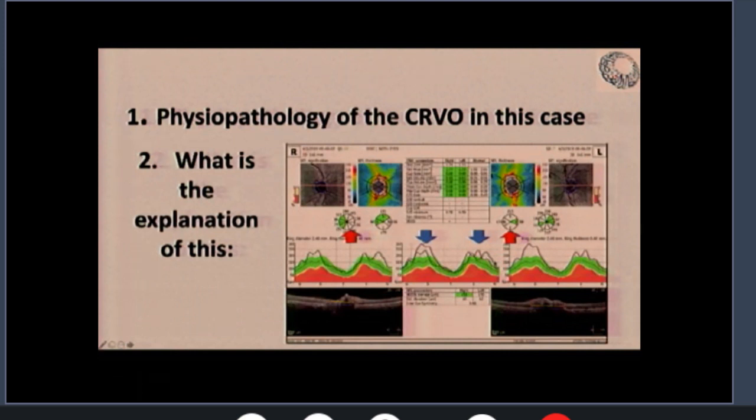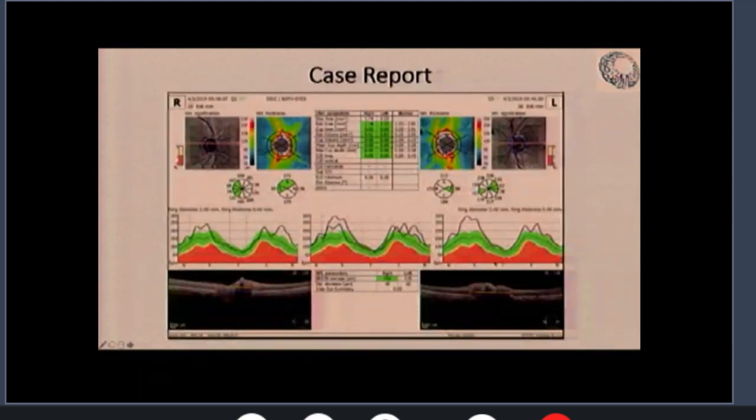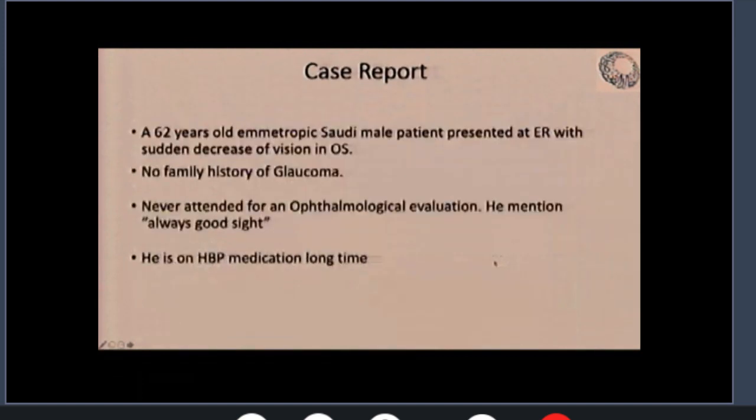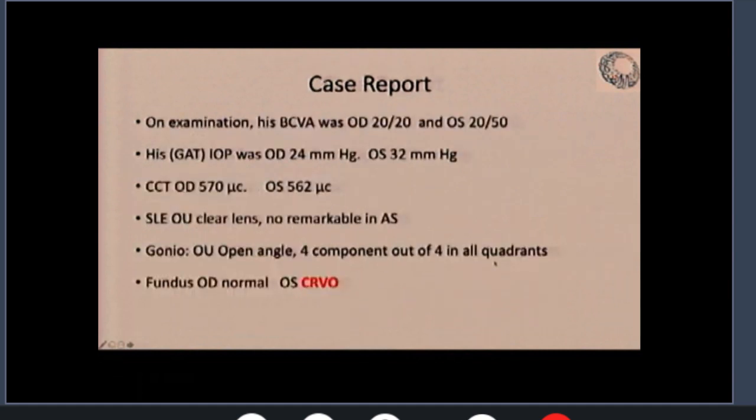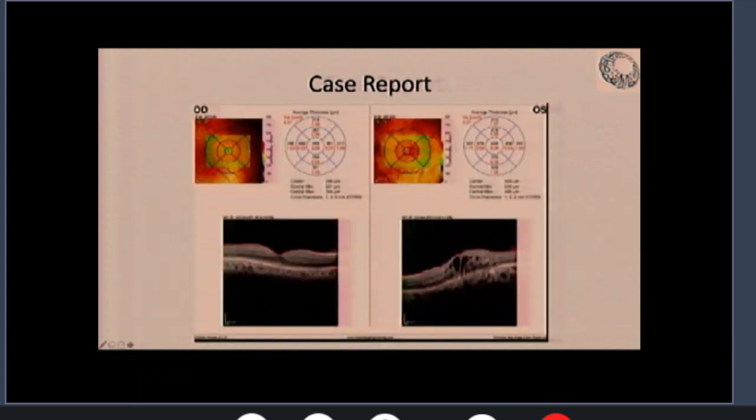Same case. Okay, this is the physical examination. First test.